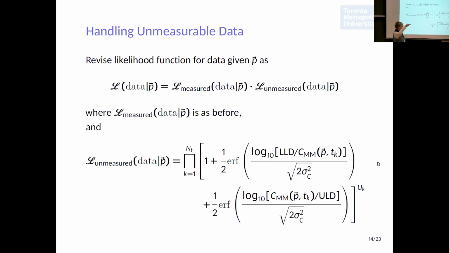So once it hits 1500 millimeters cubed, the mouse was sacrificed, but we know that it would have been big if the mouse had been allowed to live. Then you add those things up and you raise it to the number of mice that had unmeasurable data. So if you have no unmeasurable data points, then U is 0, this whole thing is 1, and we're left with the likelihood as before.